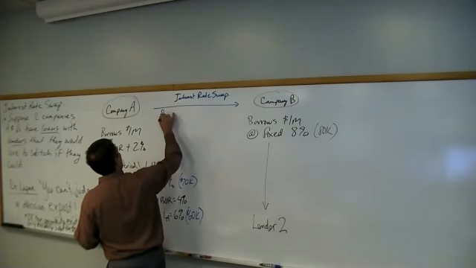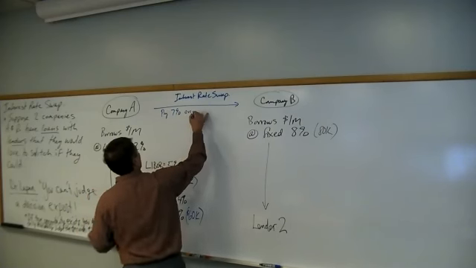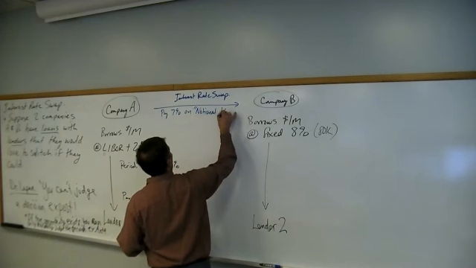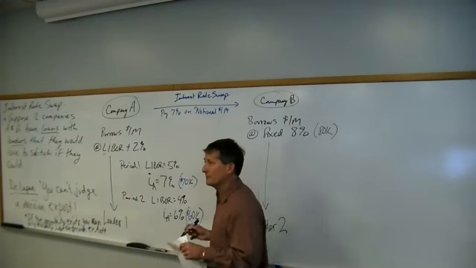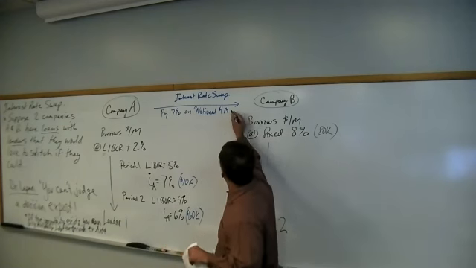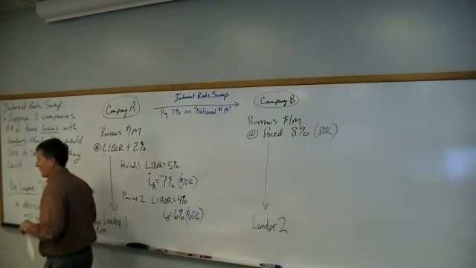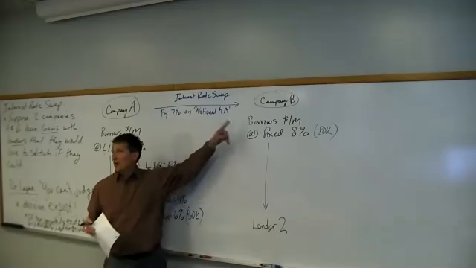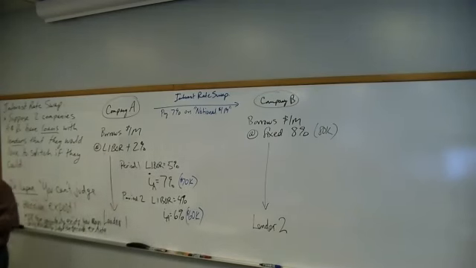agrees to pay 7% interest on a notional $1 million to Company B. So this guy over here says, hey, I'm going to pay you 7% on a notional $1 million. We call it notional because neither one of them really has that $1 million, but we're basing the calculation on the $1 million figure.